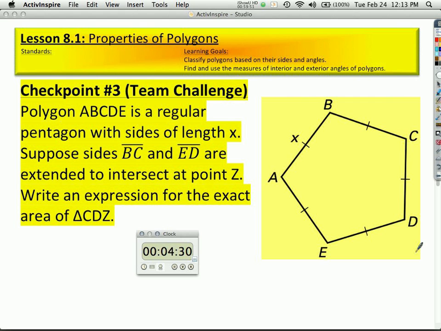Now extend this. Yeah. It's like solving everything.